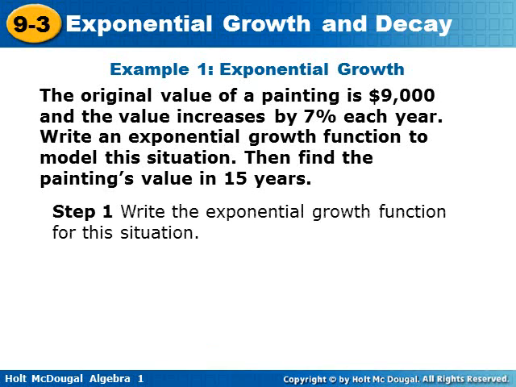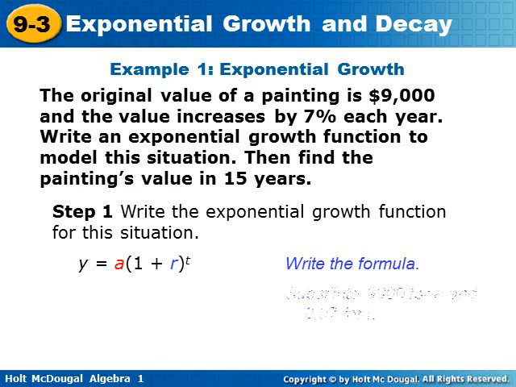Step 1, you're going to write the exponential growth function for the situation. The formula is y equals a times (1 plus r) raised to the power of t. We're going to substitute 9,000 for a, which is the original value, and 0.07 for r, the rate.